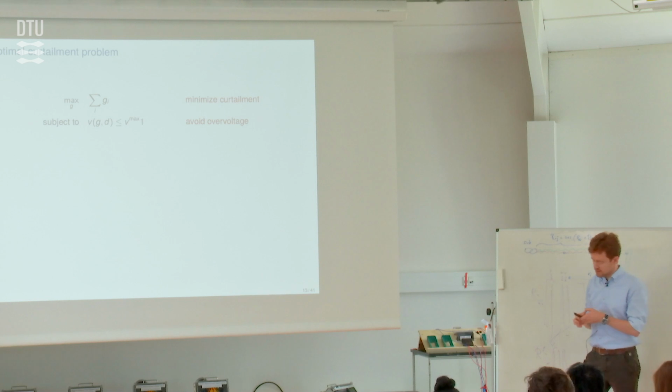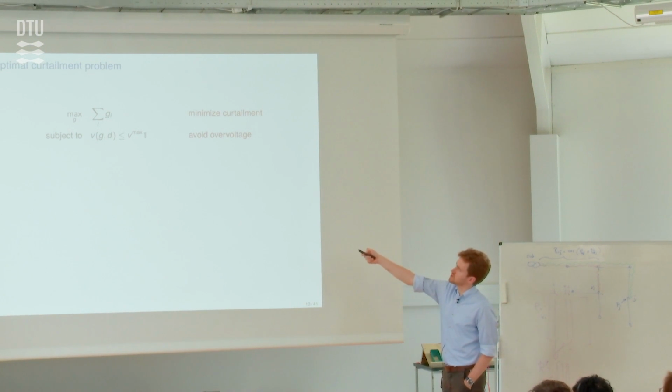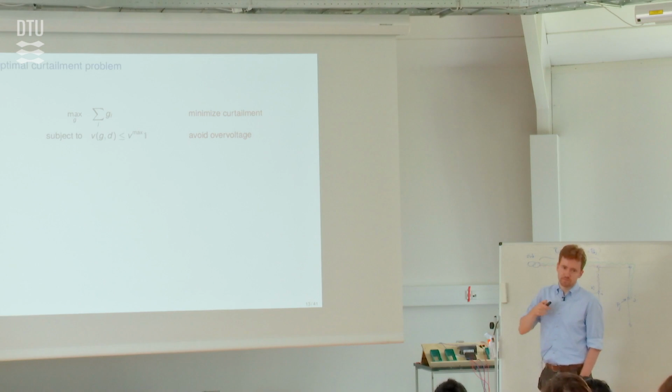Remember, V of GD is the voltage at all buses, being less than some Vmax. Okay? Vmax is, I don't know, 1.02. It's the limit on the voltage that you would like to maintain across the network. You don't want the voltage to be above Vmax. The voltage is a function of generation and demand, and you want to maximize generation so that curtailment is minimized.